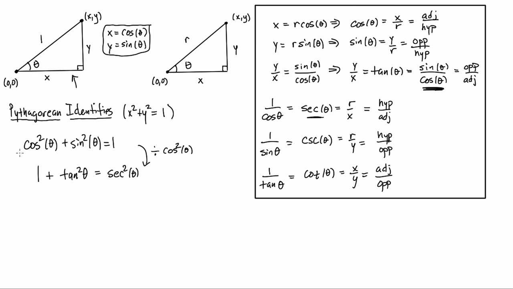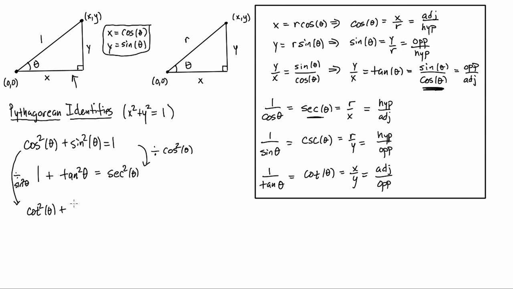And similarly, if I take this original one and I divide by sine squared, then I get cosine over sine, and cosine over sine is defined as cotangent. So this is cotangent squared.